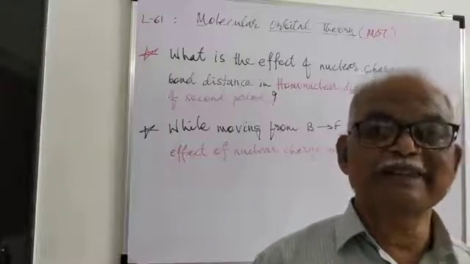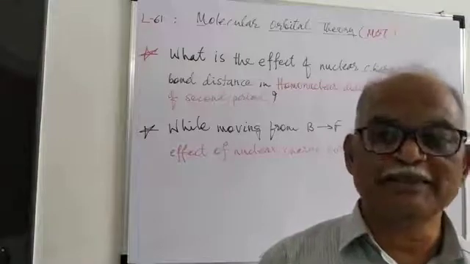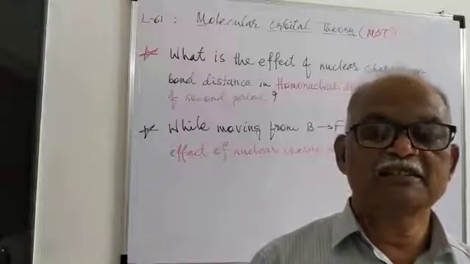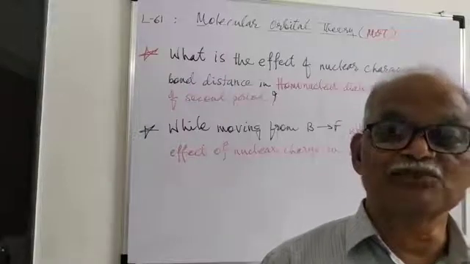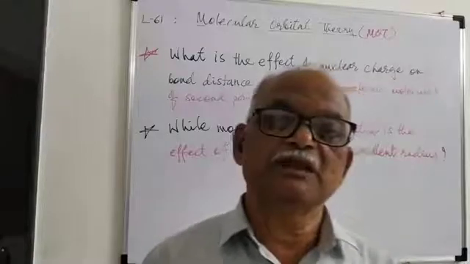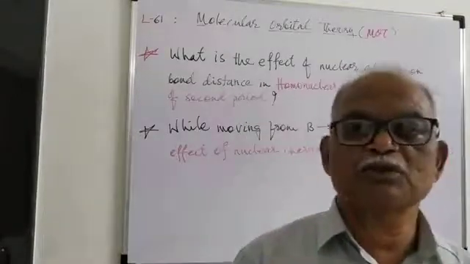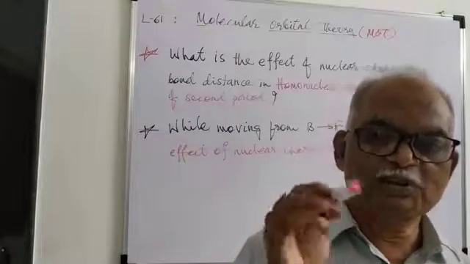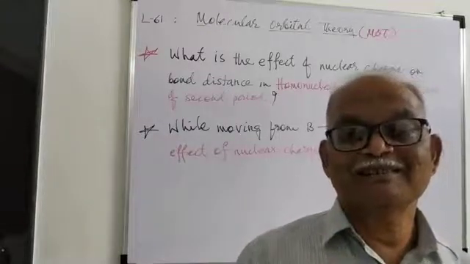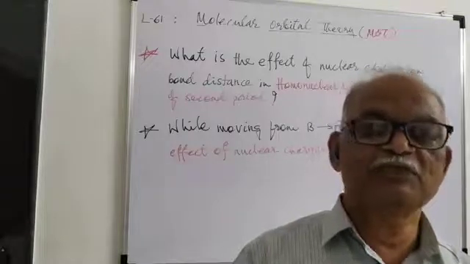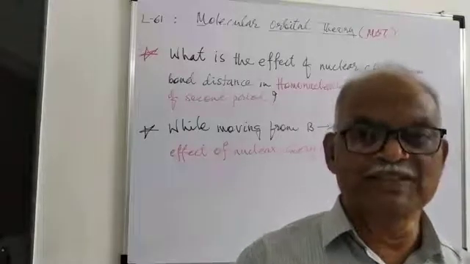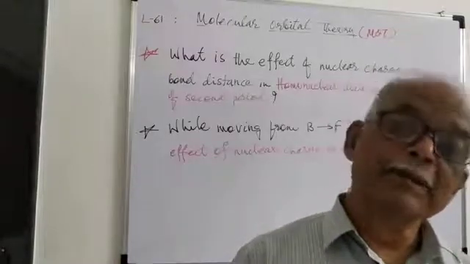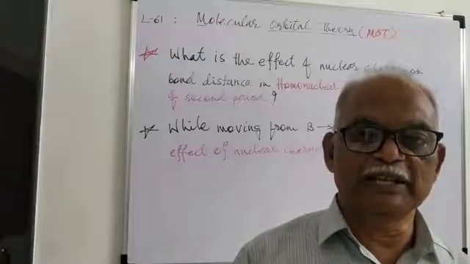Whenever we place an electron in a bonding molecular orbital, it increases the strength of the bond, so the bond distance decreases. And as we enter electrons in the antibonding molecular orbitals, every such addition decreases the strength of the bond. In other words, the bond order decreases, and it goes on decreasing to the F2 molecule.